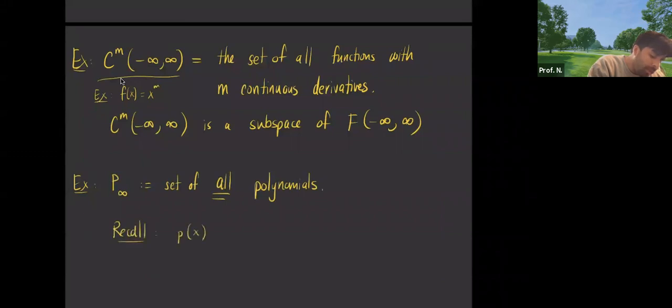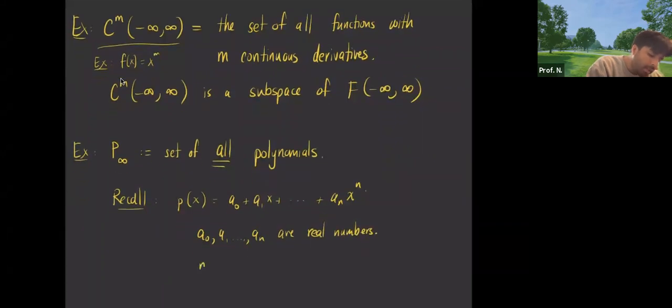A polynomial is something that looks like this: a0 plus a1 x plus, all the way to an x to the n, where a0, a1, all the way to an are real numbers, and the exponents are non-negative integers. That's a polynomial.